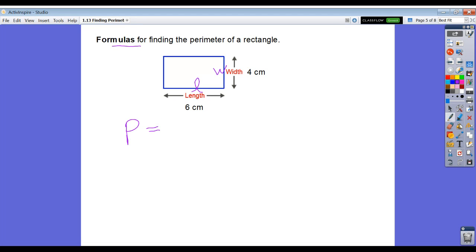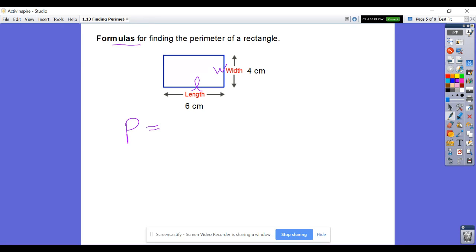So write down on yours, capital P equals L plus W plus L plus W, right? Just adding all those sides. Get that first formula down.